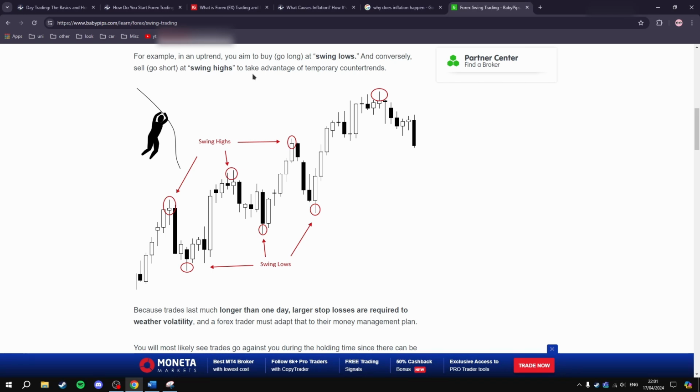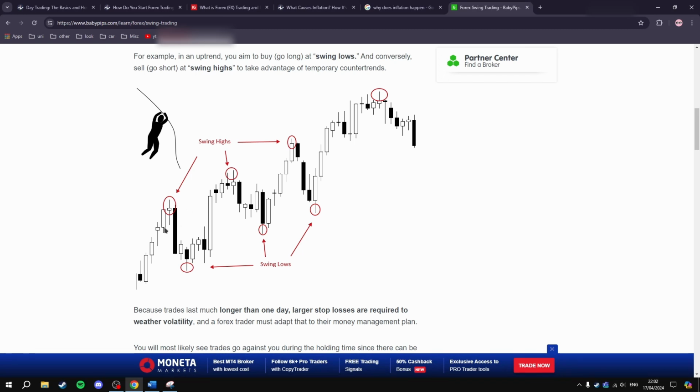Swing highs, so aka the bit where there's a trend reversal. Oh no, not trend reversal, but like the highs and lows of each bit, I guess.